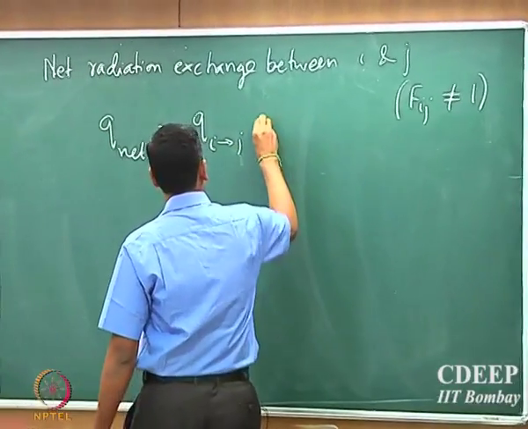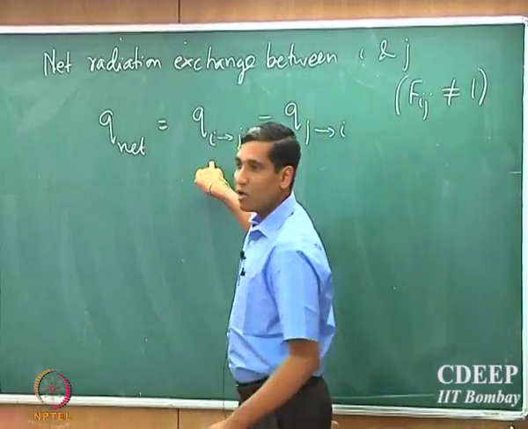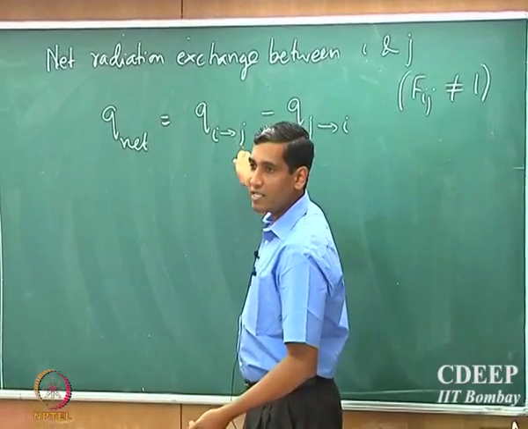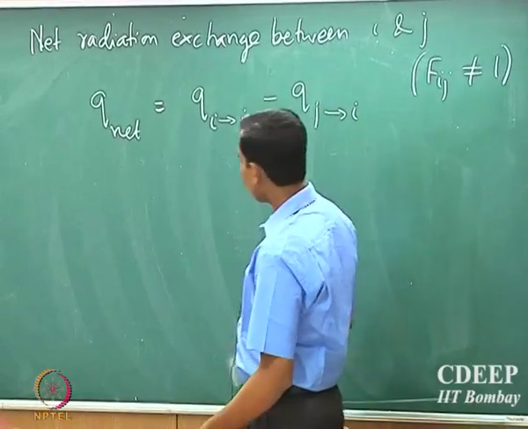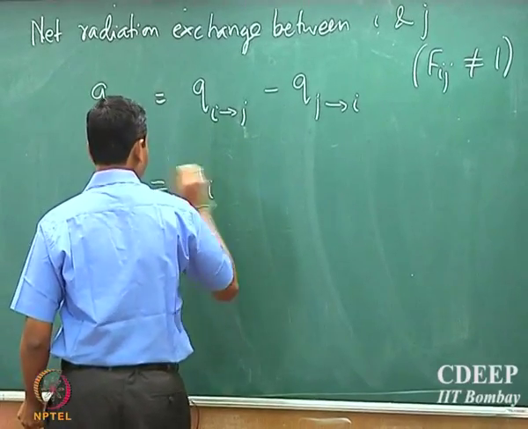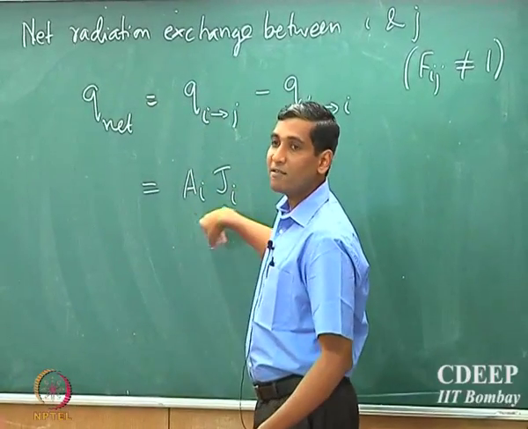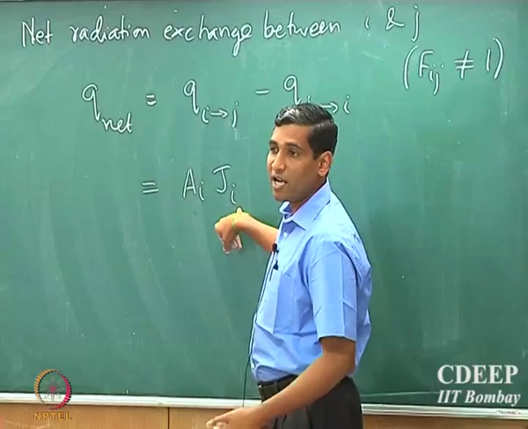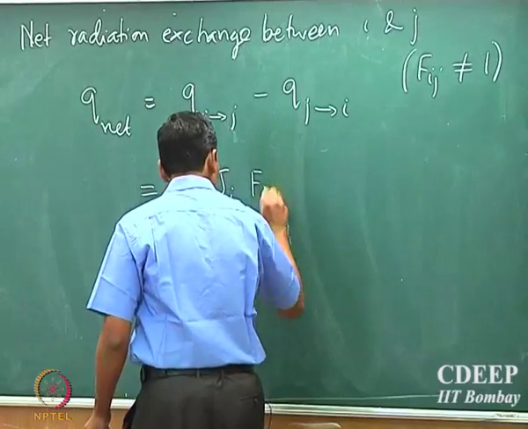the net radiation is simply the difference between what is emitted by I and received by J minus what is emitted by J and received by I. Okay. So this Qij is given by Ai Ji Fij. So that's the rate of radiation emitted by surface I multiplied by the corresponding view factor, right?